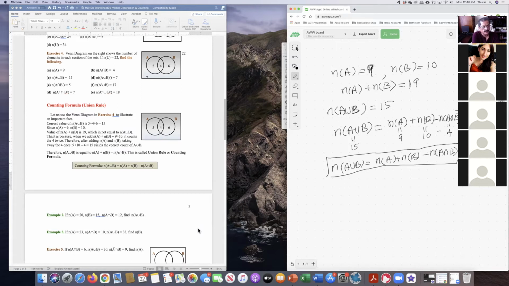We can always use the Venn diagram. If you use a Venn diagram, then this formula would not be necessary. If you want to do it directly, algebraically, then this formula is useful. So here's example 2. It says count of A is 20, count of B is 15, count of A intersection B is 12, find count of A union B. So this formula is directly applicable.